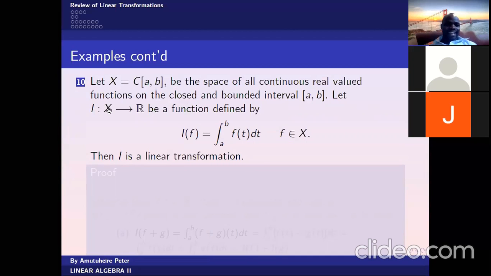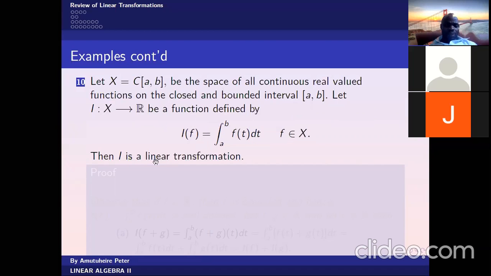When you give it X, it gives a real number, because elements in X are functions which are continuous and bounded. They are continuous, closed, and bounded in this interval here. So when you give it a function, this transformation I computes the integral from a up to b of f(t) dt.